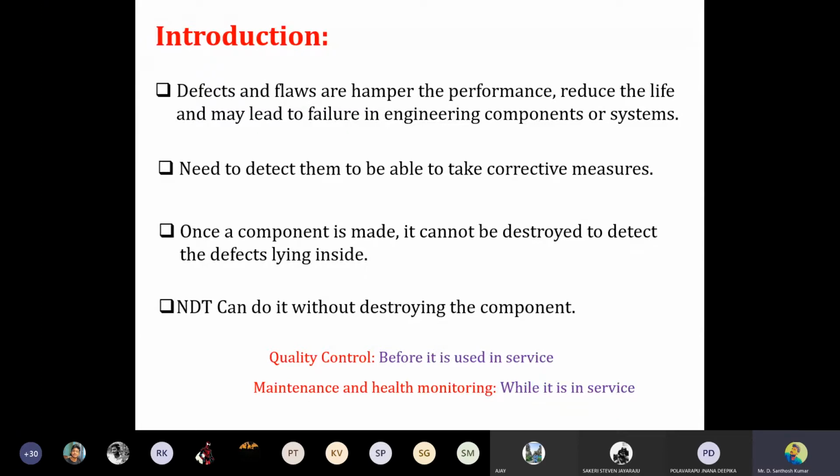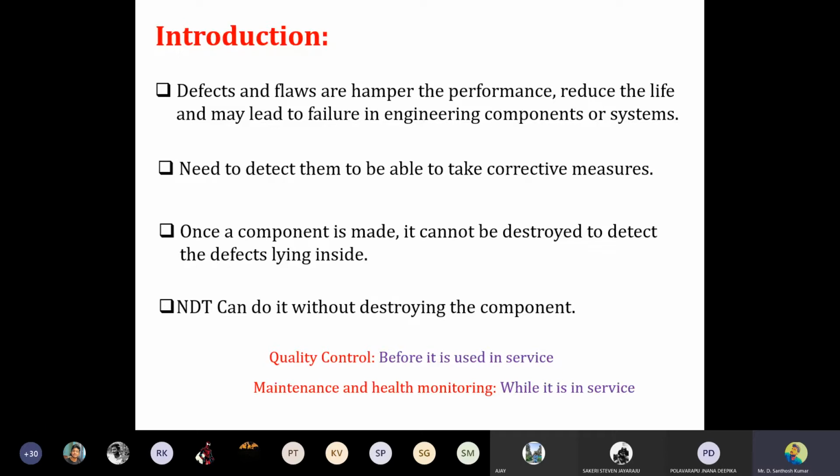So it is very important to detect these defects to be able to take corrective measures so that the performance of the system is not hampered. Then obviously you do not end up with a failure in an engineering system.